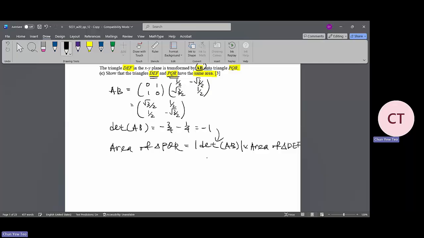Because the determinant of AB is negative 1, if you take the modulus, you have shown that the area of triangle PQR is equal to the area of triangle DEF. Shown. That is the answer for part C.